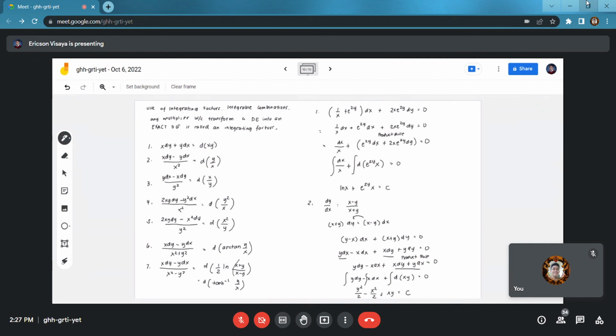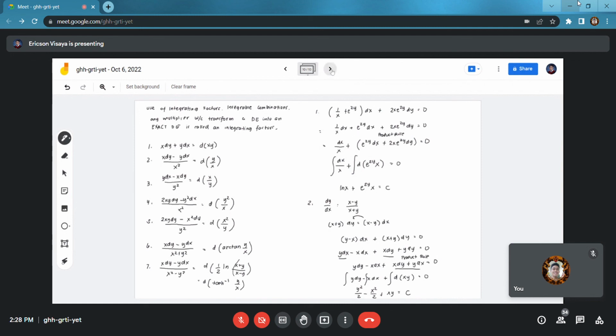Itong 7 na binigay ko na formulas, ito ba yung tinatanong? Yes sir. Pwede natin ma-simplify yung mga tanong sa atin papunta dito. Pero ito yung pinaka-common lang na integrable combination. Marami-rami pa to. For example, ito. Bali, observe niyo muna yung mga binigay natin exactly.